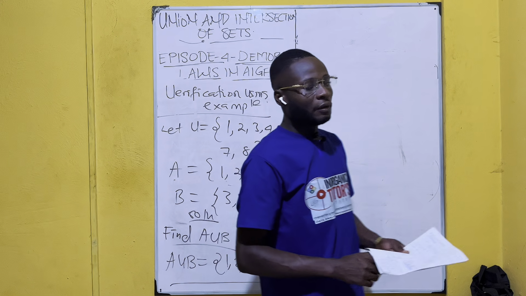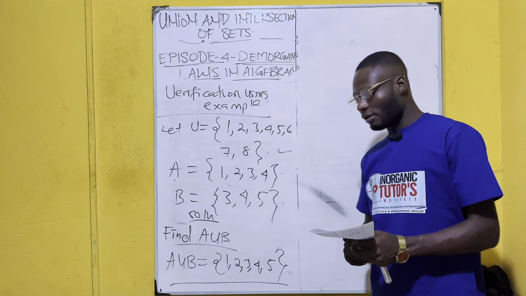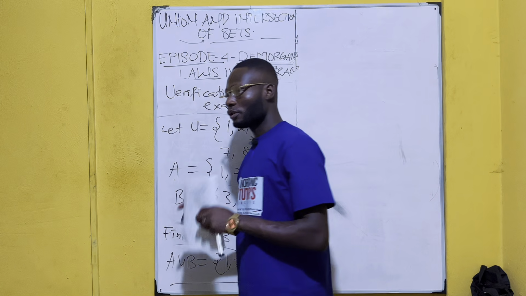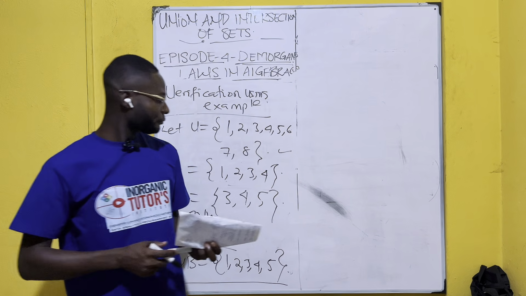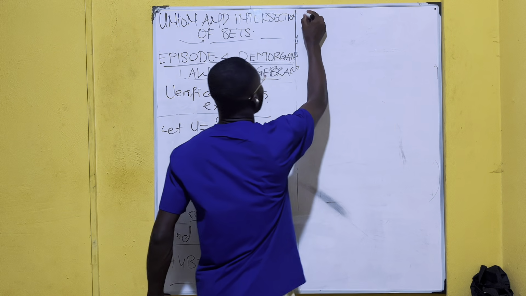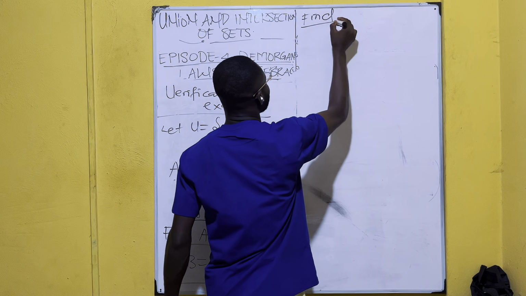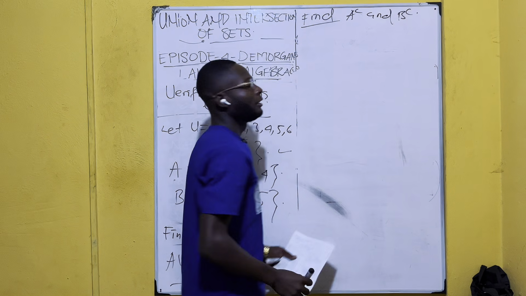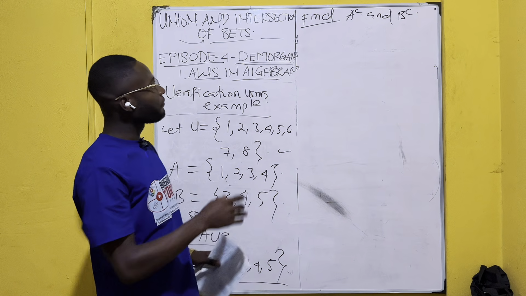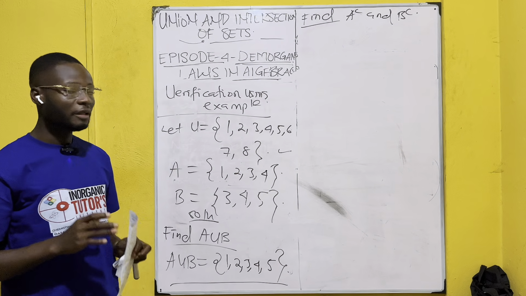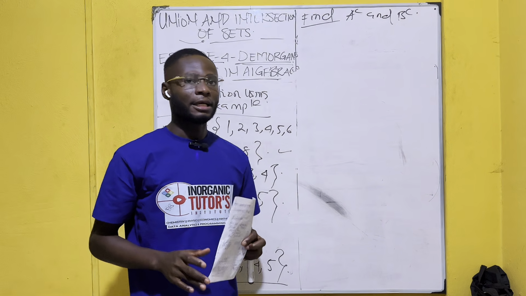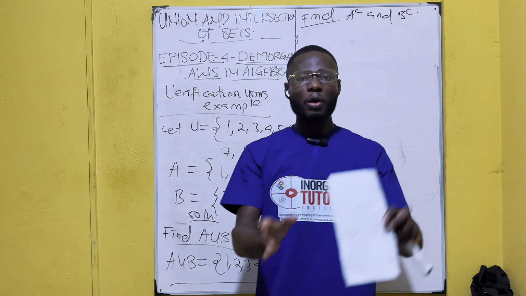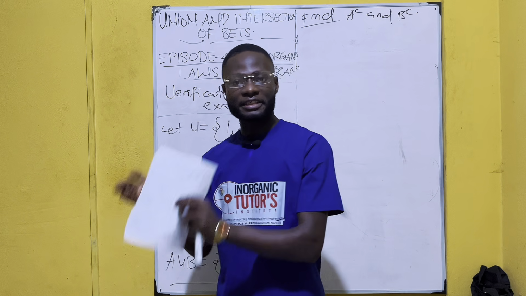Right. Now, let's look at the second part of the question where we are to find A complement and also B complement. So if you want to find A complement, basically it means that you want to take the set A from the universal set.